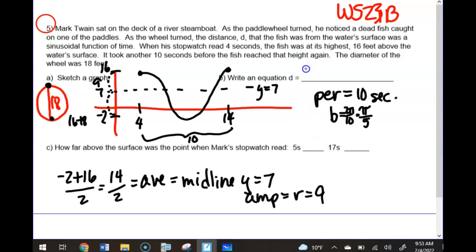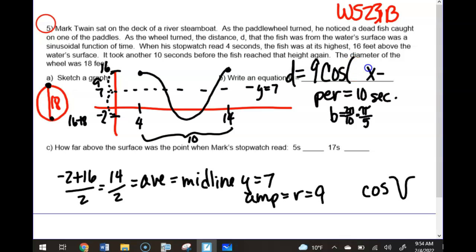All right, so give me an equation. The distance equals, what goes in first? Amplitude of 9. What do you want to call this thing? Cosine. What goes next?